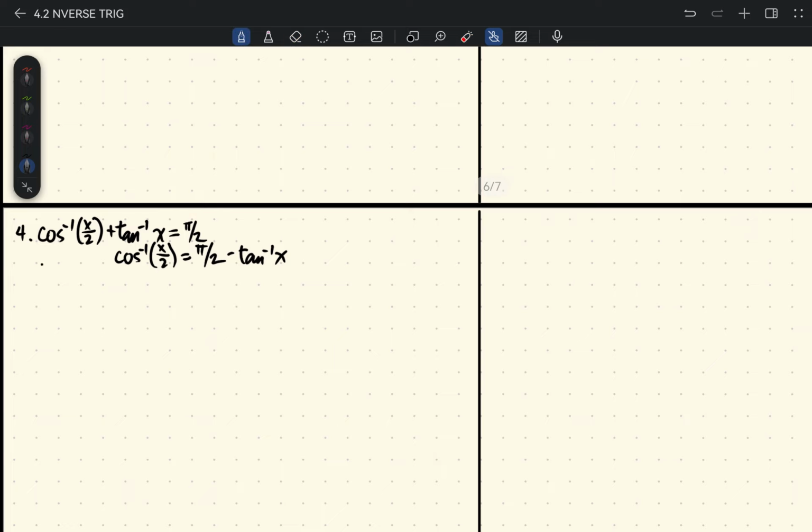Then, assuming x over 2 is in the domain of cosine inverse, what we can do is apply the cosine function to both sides. So you have the cosine of cosine inverse equals the cosine of pi over 2 minus tangent inverse of x. So why do I want to do the first step where I separated cosine inverse and tangent inverse?